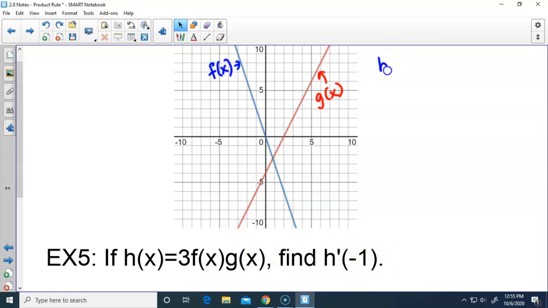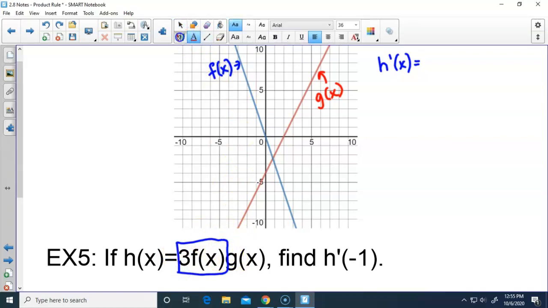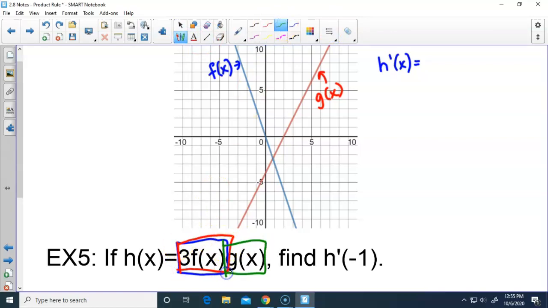So first we must find h prime of x, which means that we're going to have an f of x and a g of x.